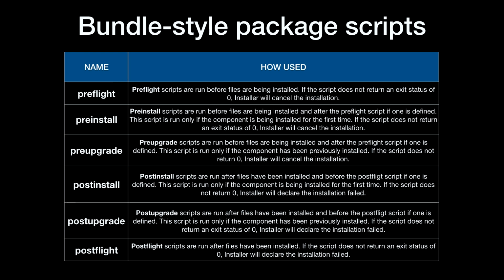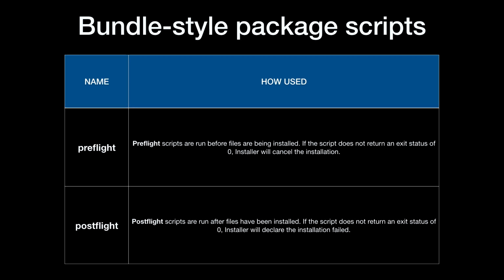Normally, there are 6 types of scripts that can be used in a bundle-style package. However, most of the time, you'll be using these 2 types, pre-flight and post-flight. Pre-flight scripts get run before files are installed, and post-flight scripts run after files are installed. The other types of scripts will only apply in specifically defined circumstances, which may or may not apply to your package.